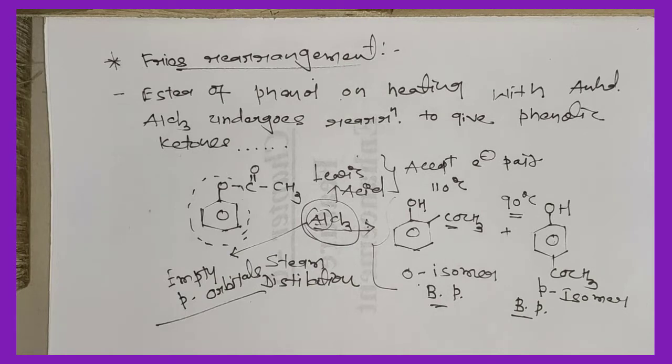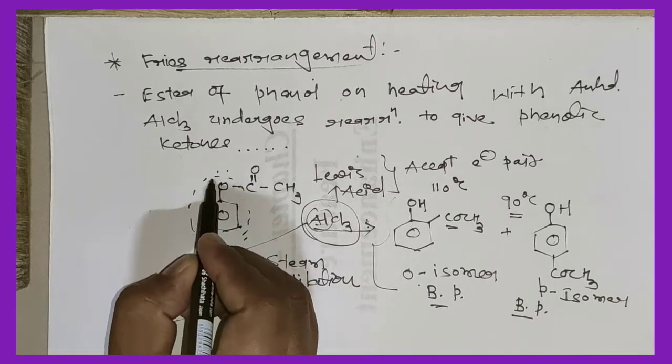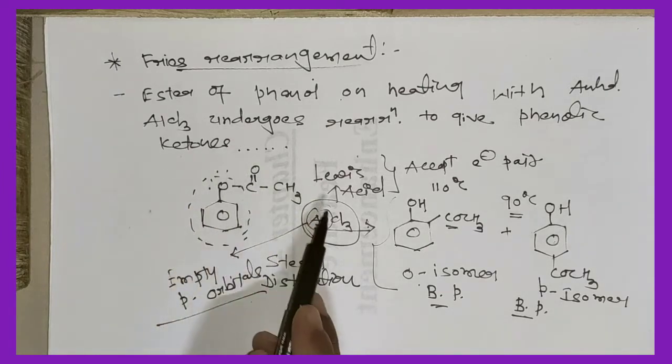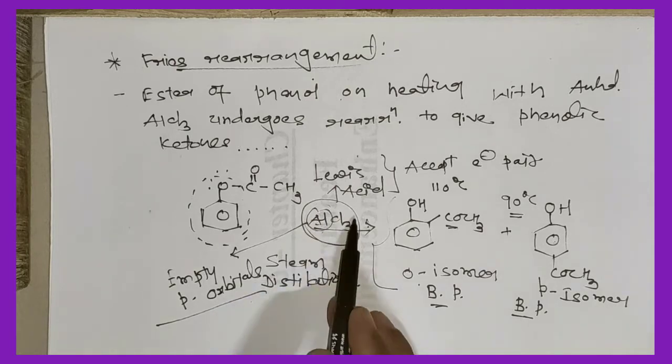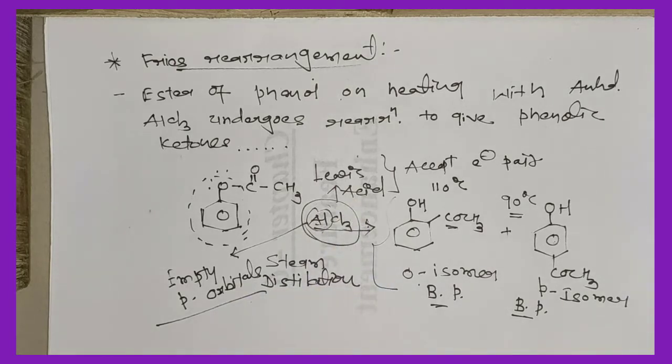That's why it can accept electrons from an electron-rich species. For example, here oxygen carries 2 lone pairs. That's why this lone pair can easily donate into the empty p orbital of aluminum. That's why it is known as a Lewis acid. As per the Lewis acid-base concept, a Lewis acid always accepts the electron pair, while a Lewis base always donates the electron pair. Clear? So this is the principle and reaction of Fries rearrangement.